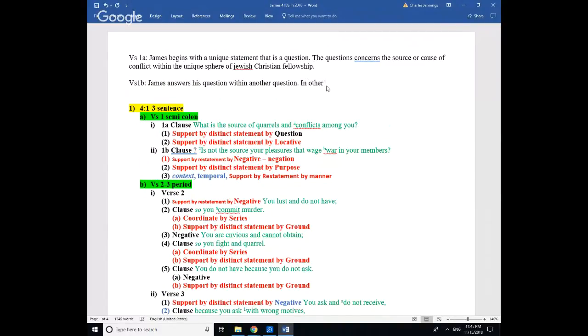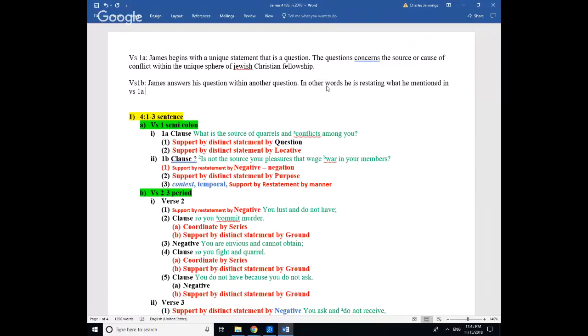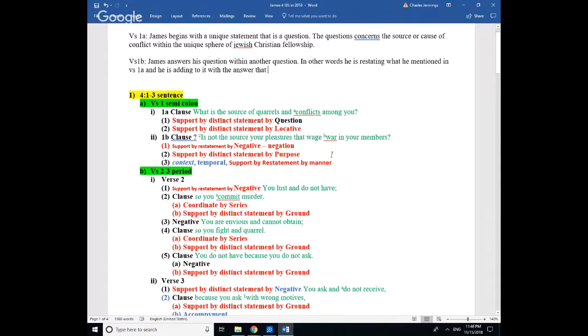In other words, he is restating what he mentioned in verse 1a, and he is adding to it with the answer that, okay, is not the source your pleasure that wages war on your members?